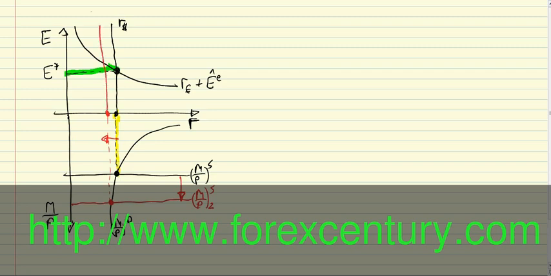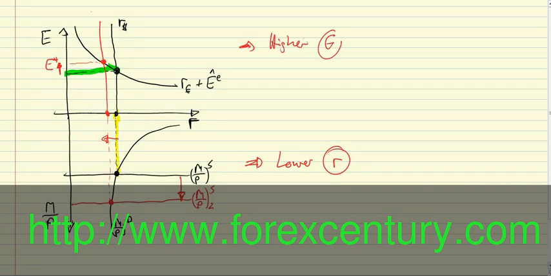That translates then to the upper part of the diagram, and we see that we get a new intersection here with a new E star that is higher than the initial one, so that we have a lower R and a higher E, which means, of course, more depreciated, since a higher E means the dollar price of €1 has gone up.